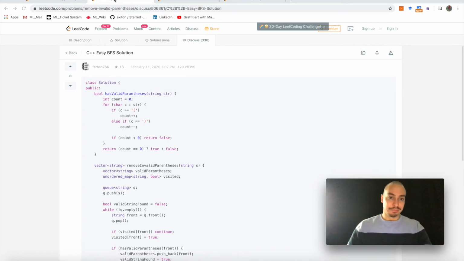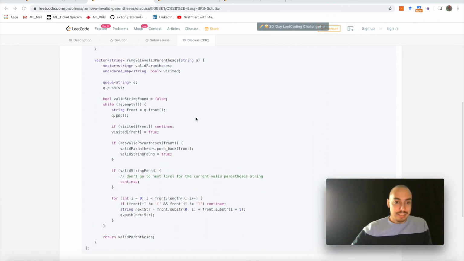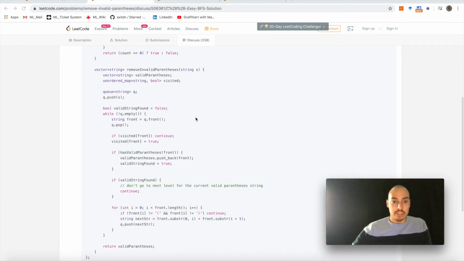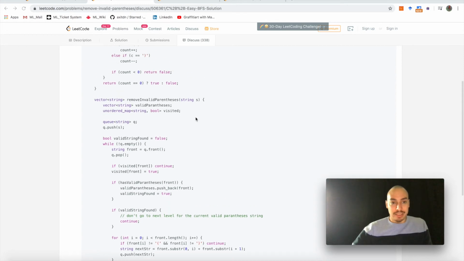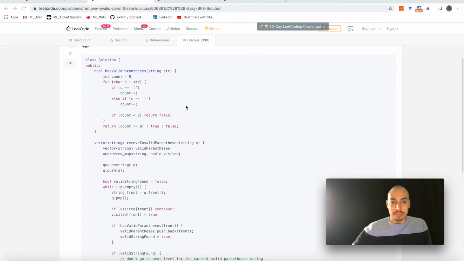Second part is remove invalid parentheses, which again was flagged as hard, so that already tells us that we have to have some sort of helper functions. So bool hasValidParentheses, taking a string.